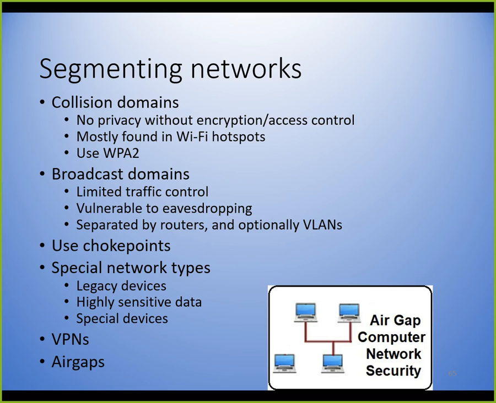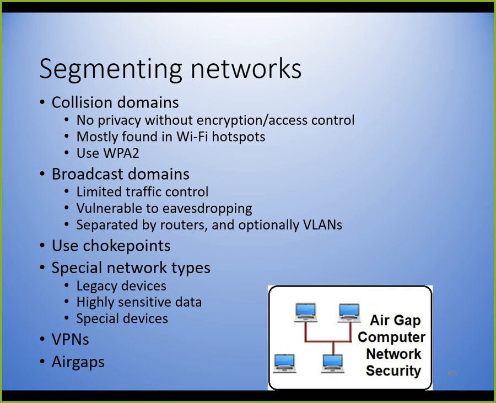Highly sensitive data needs special handling, special care where it's kept. And then maybe special devices. Legacy devices, special devices, and then we bring in industrial controls. Those kinds of things need to have special care taken. Isolation maybe, special protection, since they may not have as much as we would like.